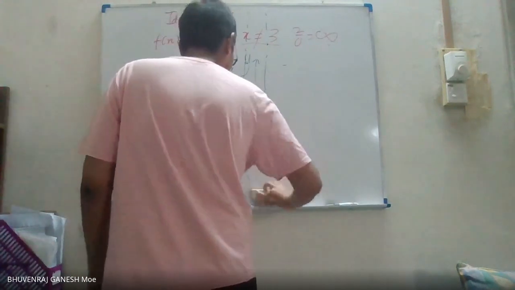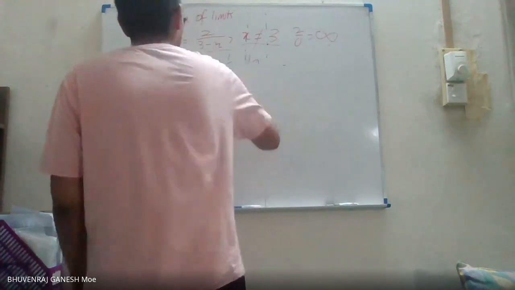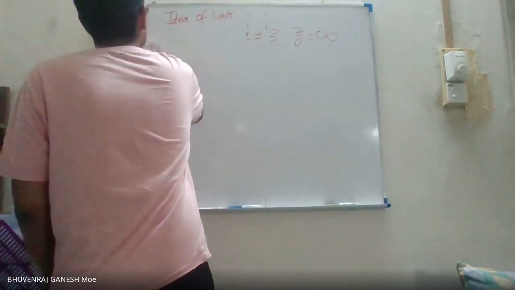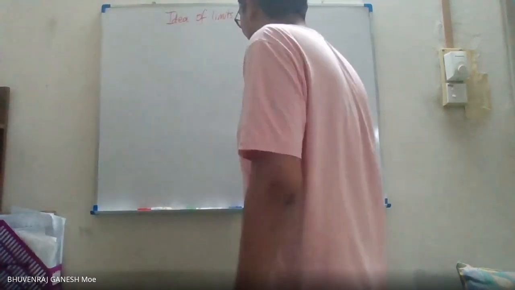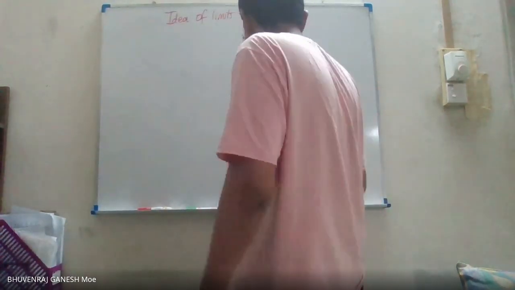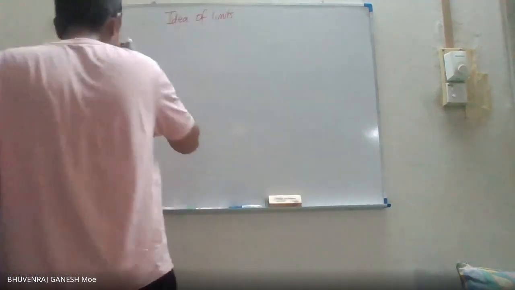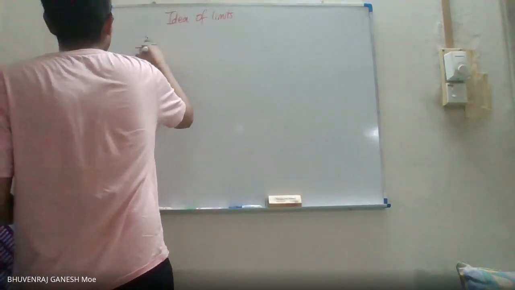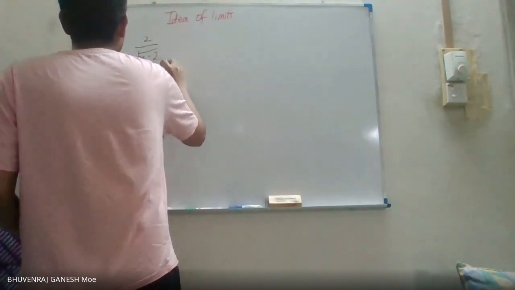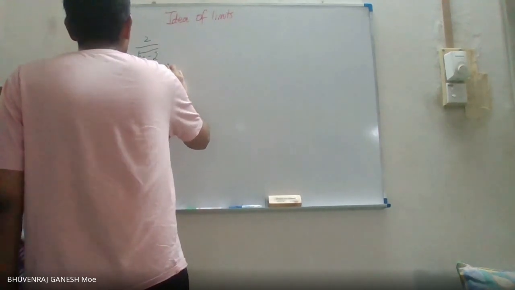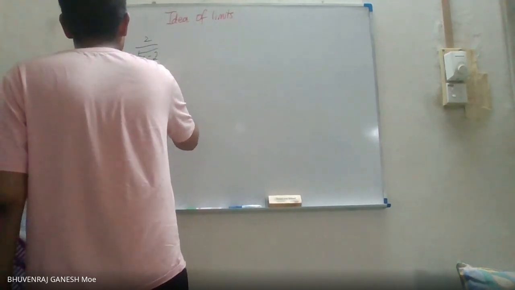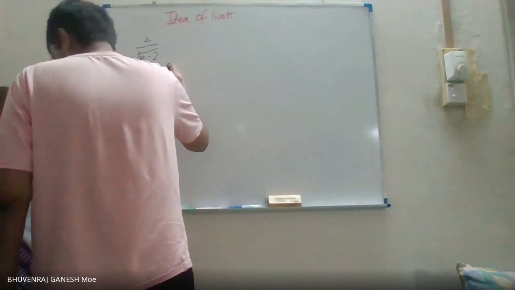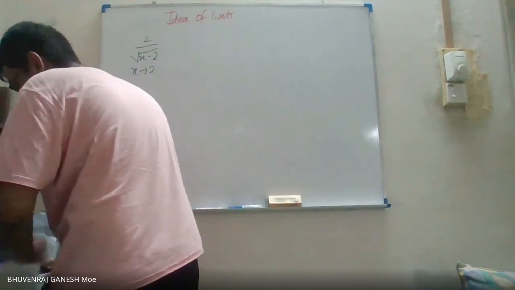So now we try some examples of the idea of limits. Let's say we have 2 over surd x minus 2, and the limit is x goes to 2. Okay, wait, let me think. I'll use a textbook example, better.